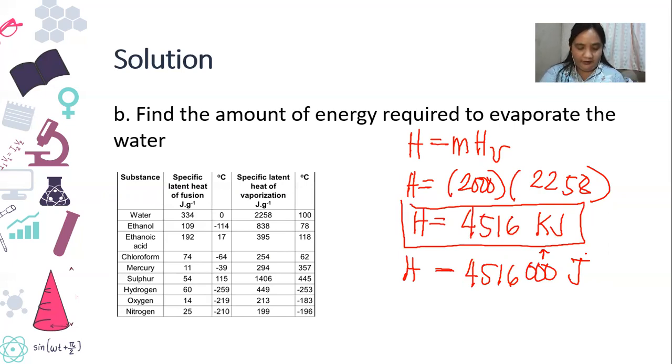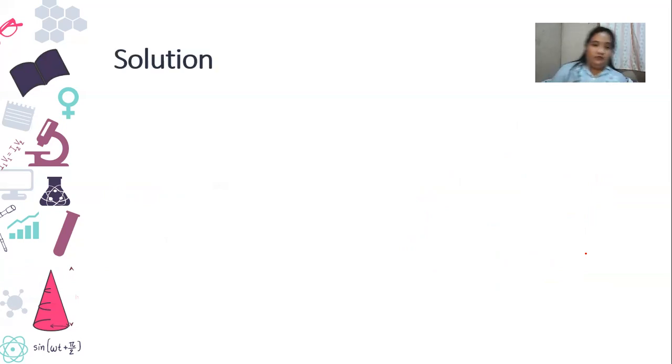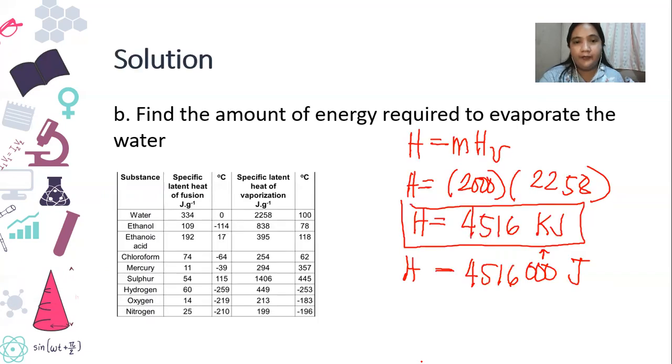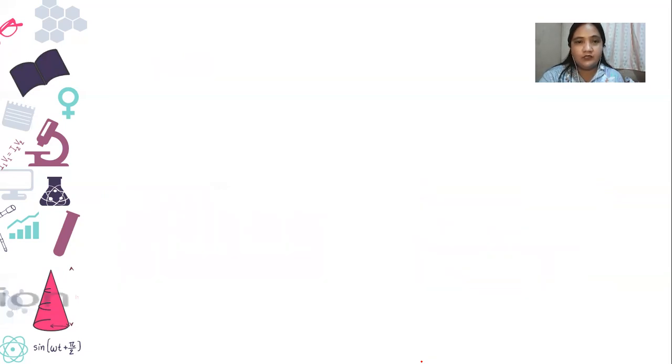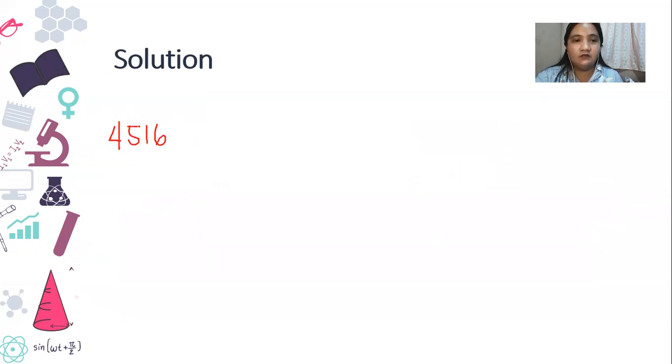Of course, the last part would be to do what we did a while ago for silicon, but this time it's acetone. So we're using the same heat, and the same heat that we're getting is what again? I'm sorry, it's 4,516 kilojoules times.